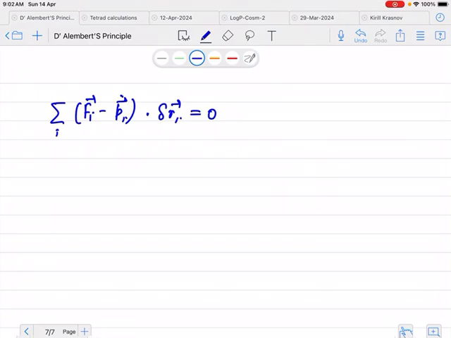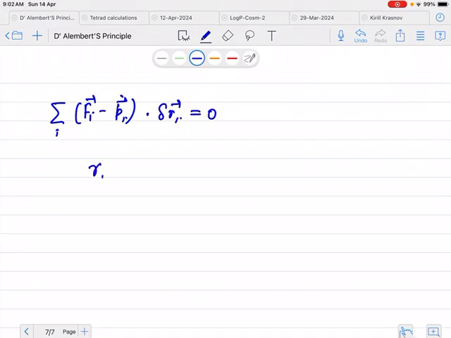Okay, so now we have to transform this principle into the terms of the generalized coordinates. Why? Because generalized coordinates are independent of each other, for all holonomic constraints. So let's transform the equation into terms of generalized coordinates.